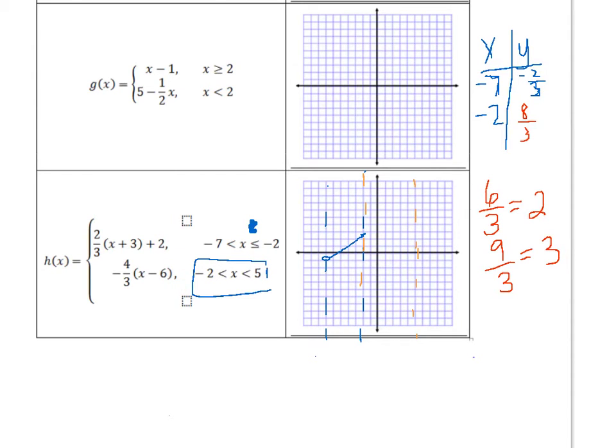This is really -4/3 times (x minus 6) plus 0, we can be thinking. So I know that I have a point on the grid that is 6, 0. That would be helpful, except that that's outside of where my domain ends. So I can't actually put that point on the graph unless I erase it when I'm through.